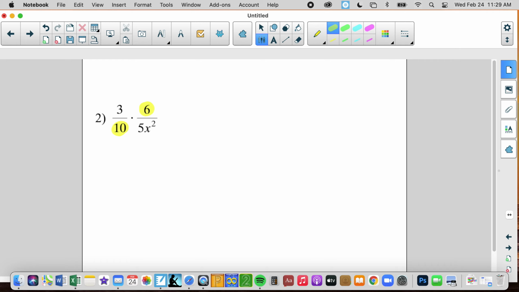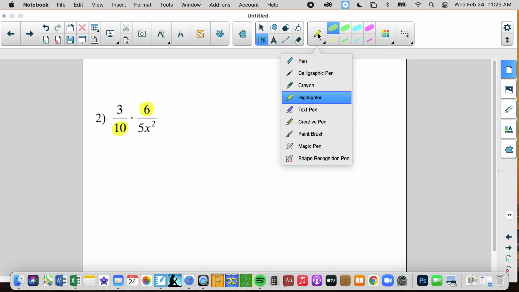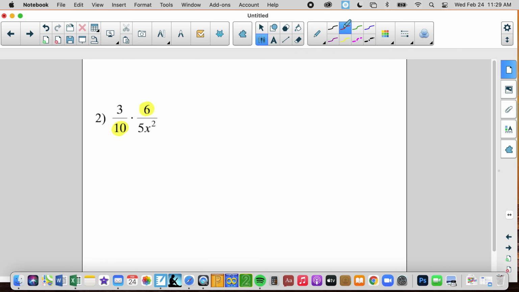And 6 and 10 have a common factor of 2. So I'm going to reduce. 2 goes into 6 3 times, 2 goes into 10 5 times. These cannot cancel because they're both in the denominator. So we can only cancel numerators with denominators because that's where we get the value of 1.